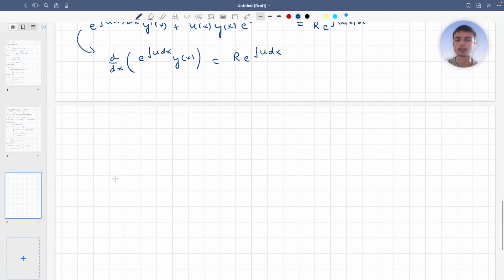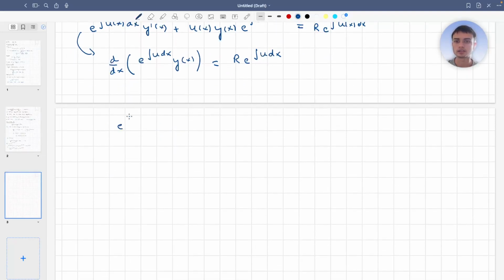All right, so it goes as e^(integral u dx) y(x) equals the integral of r e^(integral u dx) dx, and definitely I should put a constant here.